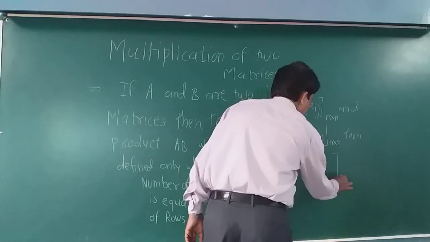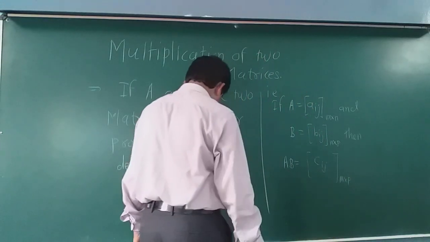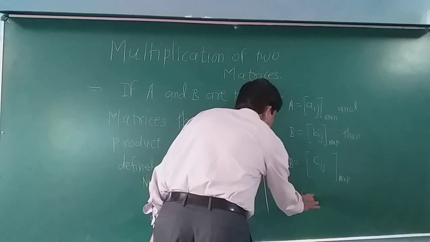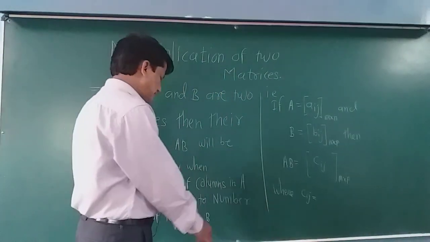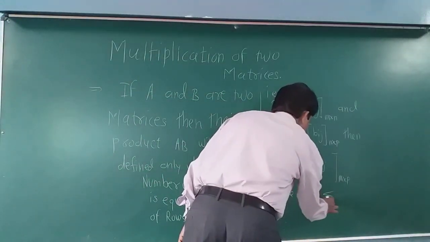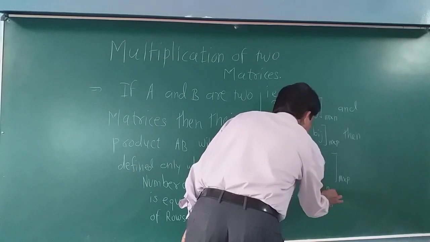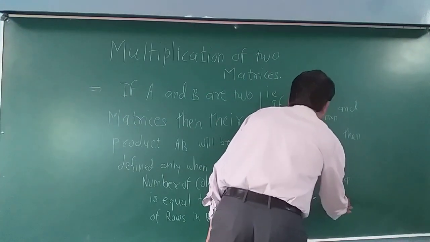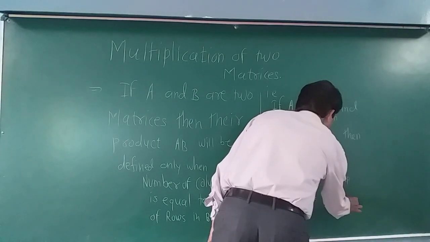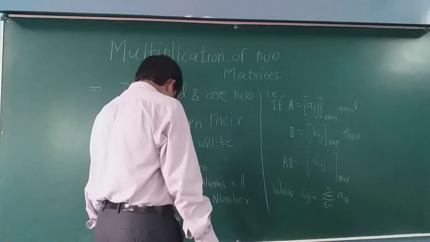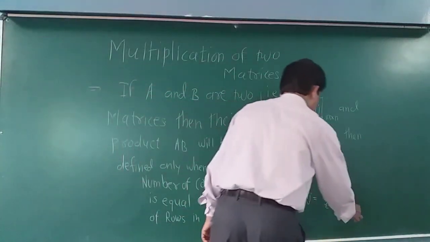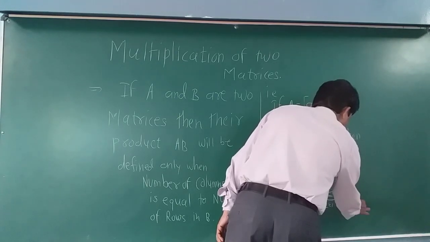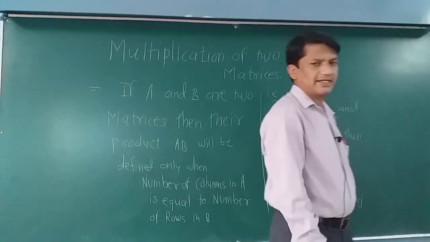The order of Cij will be m by p, where Cij equals summation, r from 1 to n, of air multiplied by brj. Look here, this condition is important.